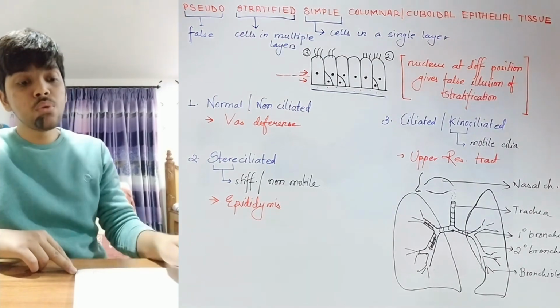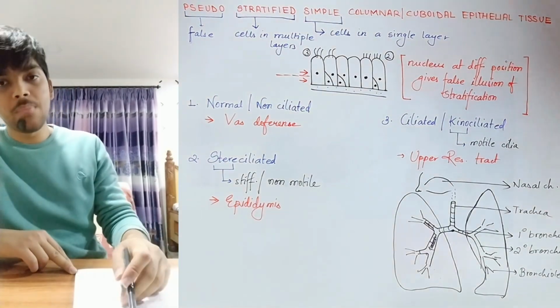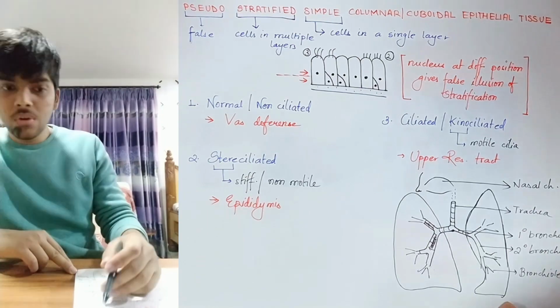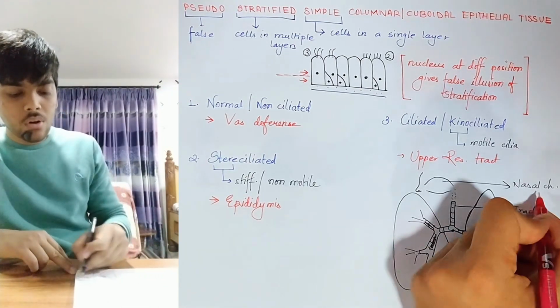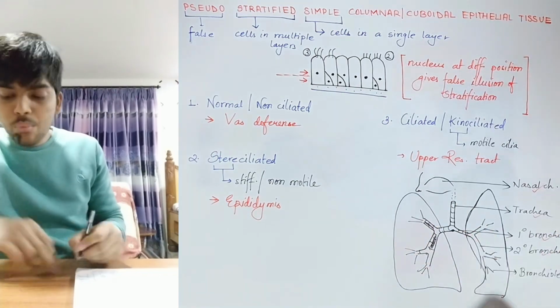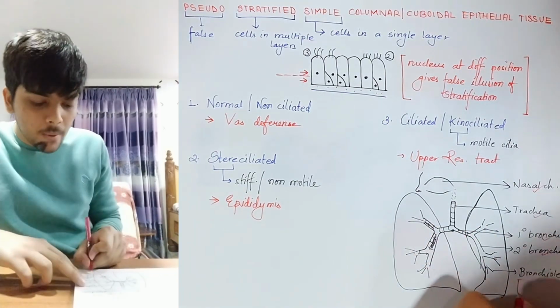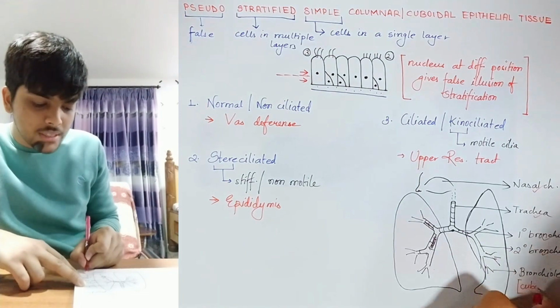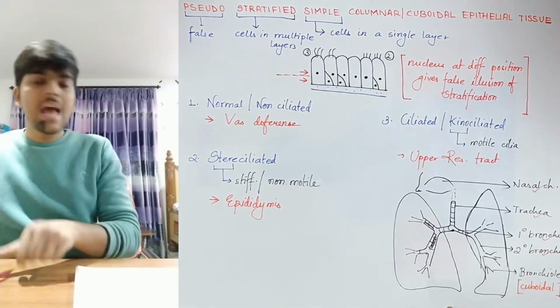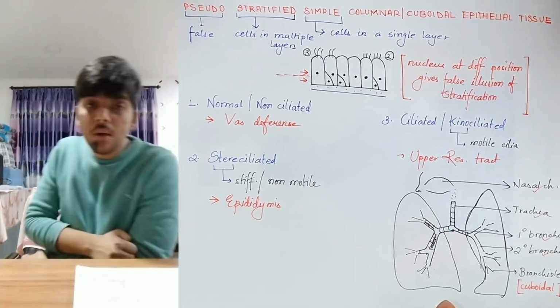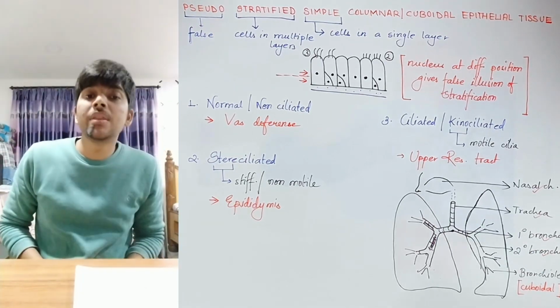So instead of pseudostratified simple columnar epithelial tissue, which is found in nasal chamber, trachea, primary bronchus and secondary bronchus, in bronchioles you'll find cuboidal cells. The same epithelial tissue but cuboidal cells. And with that, we complete the topic of pseudostratified simple columnar or cuboidal epithelial tissue.